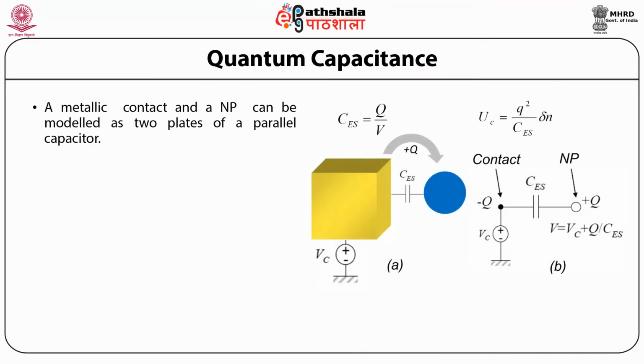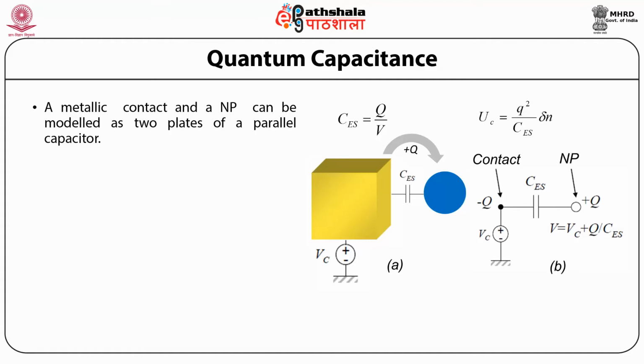The transfer of charge establishes the equilibrium and reduces the number of electrons that are transferred after contact is made between the contact and a nanoparticle. The transfer of electrons from the contact to a nanoparticle leaves a net positive charge on the contact and a net negative charge on the molecule, and charging at the interface changes the potential of the nanoparticle relative to the contact.